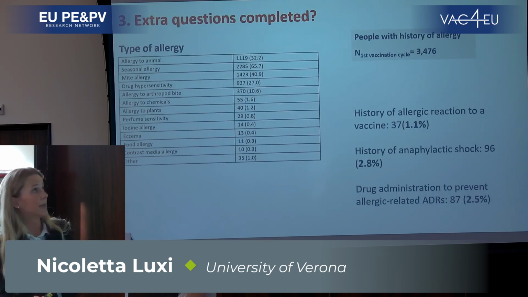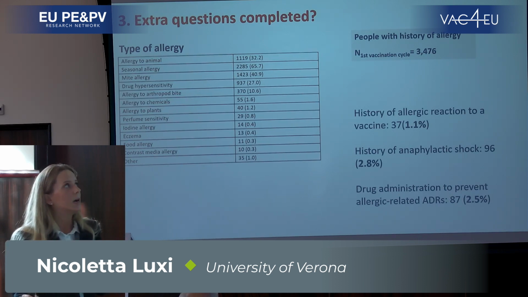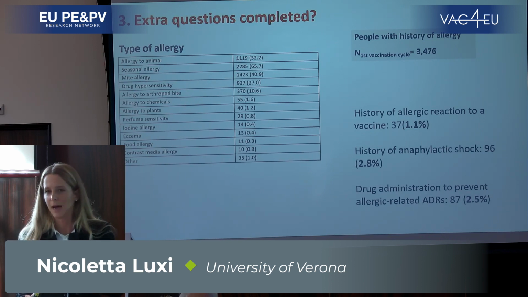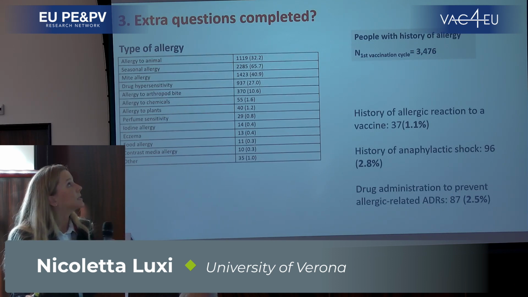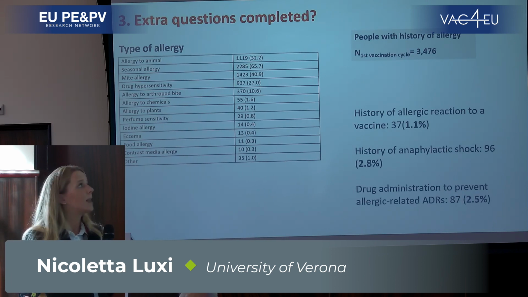And what about the extra questions? We spent a lot of effort to customize the questionnaire with extra questions to better characterize those vaccinees. But how many of these extra questions were actually filled in? This is an example of questions for people with a history of allergy.